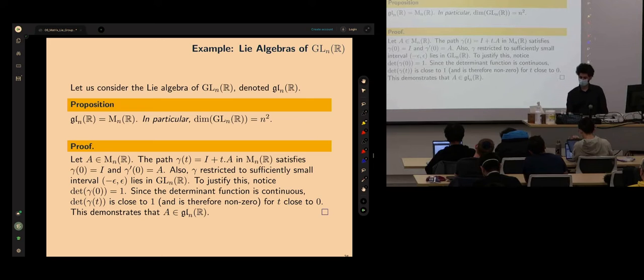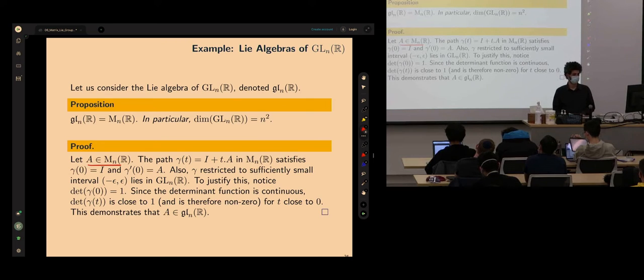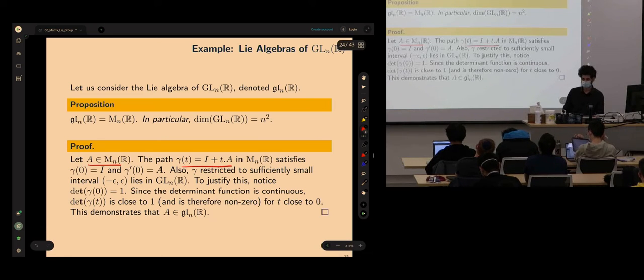We show that the Lie algebra of the general linear group is basically all the n by n matrices with no constraint. They can also be singular. The logic is to take a path, that gamma that we talked about, to be identity plus t times A. A is some n by n matrix, possibly singular.